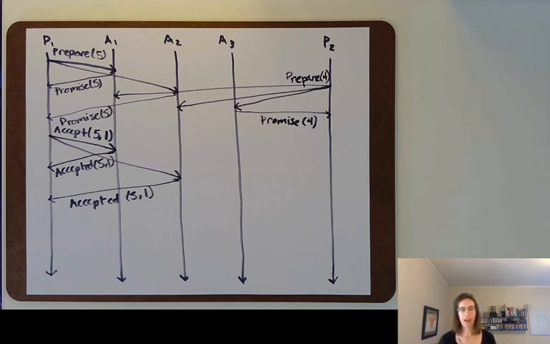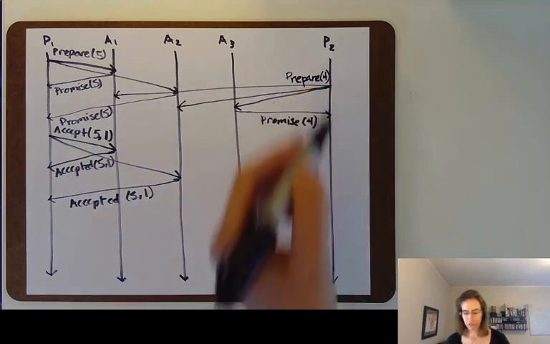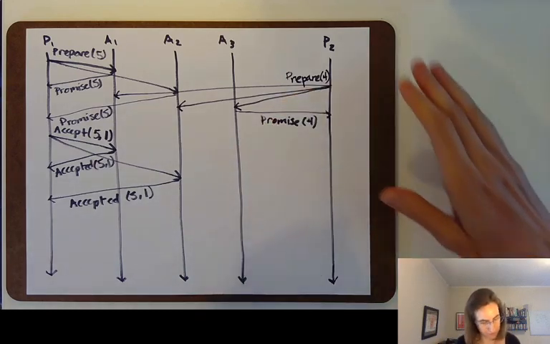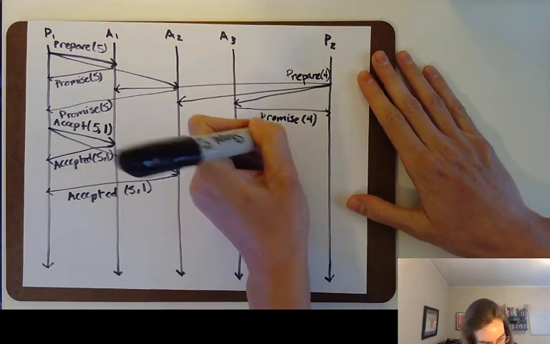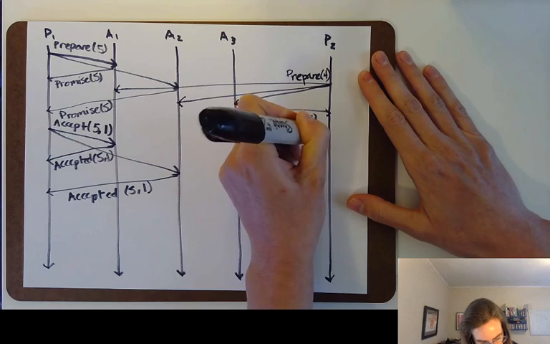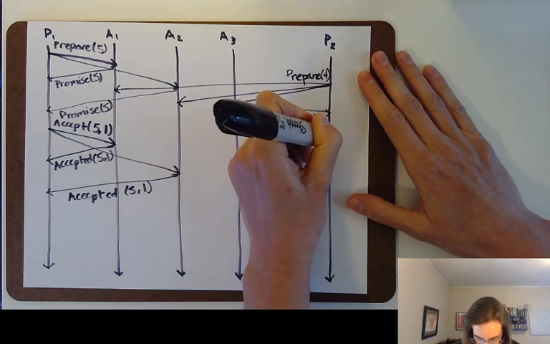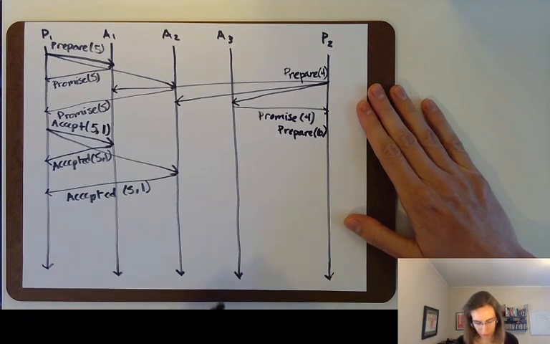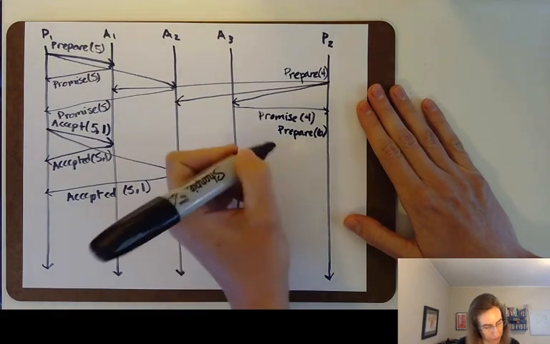So let's say that after a while, P2's timeout expires and it decides to send a new prepare message, prepare 6. So this prepare 6 message goes out to, let's say, all the acceptors.